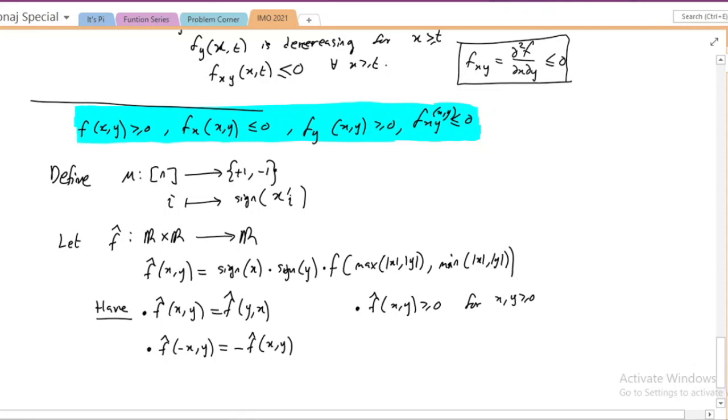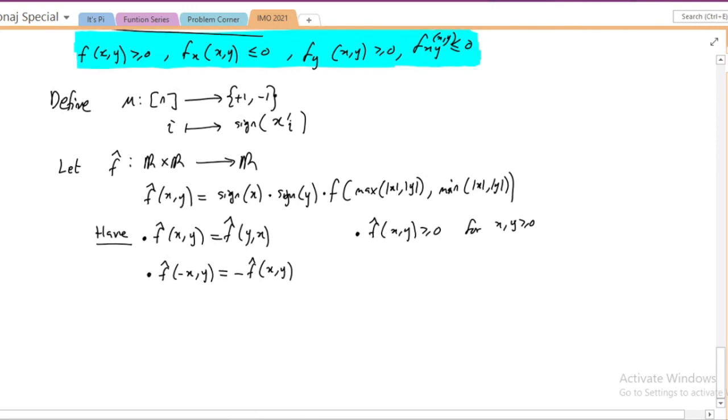Alright, so now any function that satisfies this and of course the relevant derivative properties, then we can just quickly extract f of x comma y by just having this.